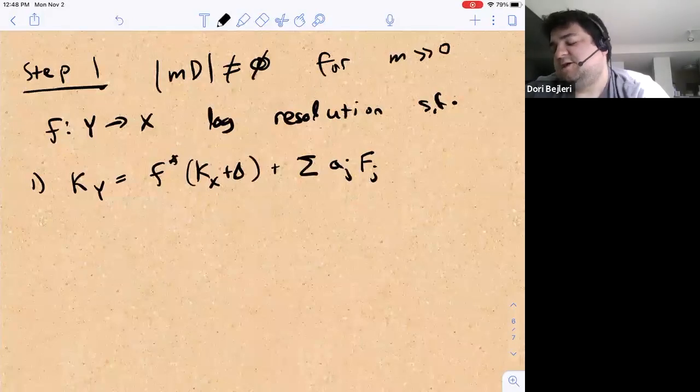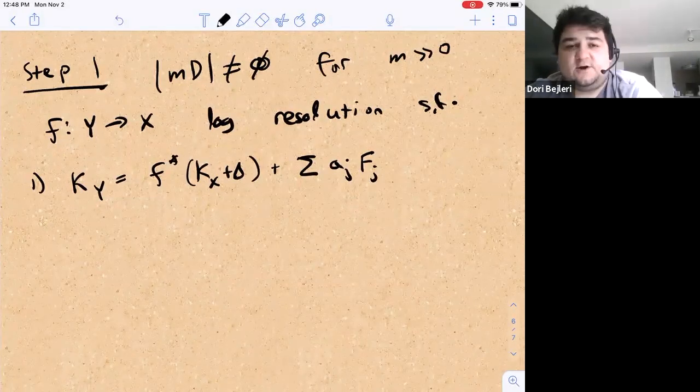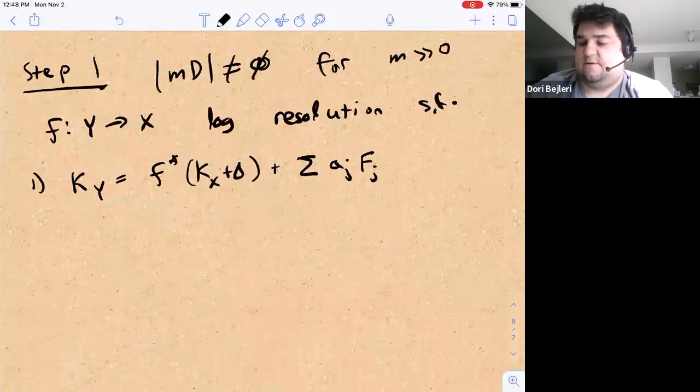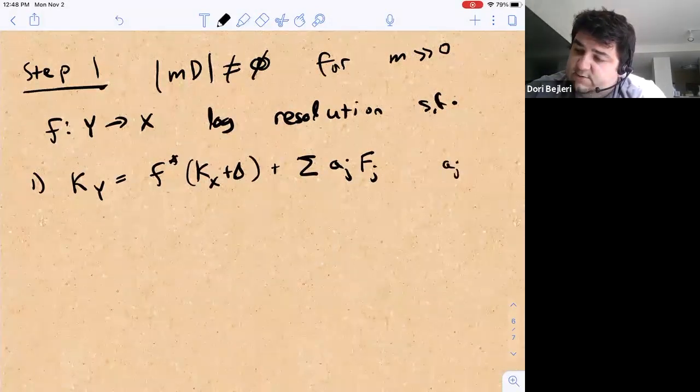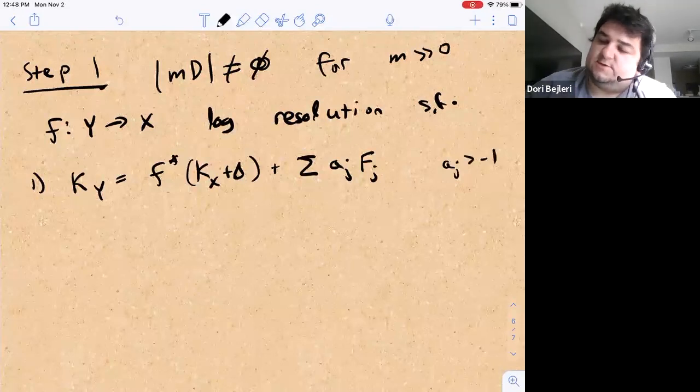And in fact, some of these coefficients will even be 0, because we're going to have some F's later that come from this base point freeness equation on MD. So some of these we allow to be 0. But what we know is that a_j is greater than −1 by the KLT condition.